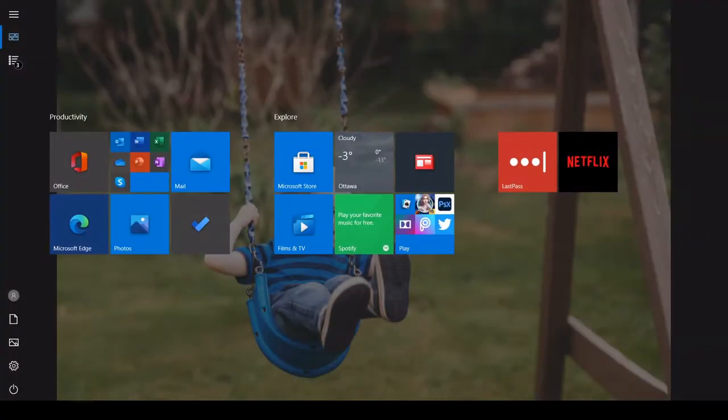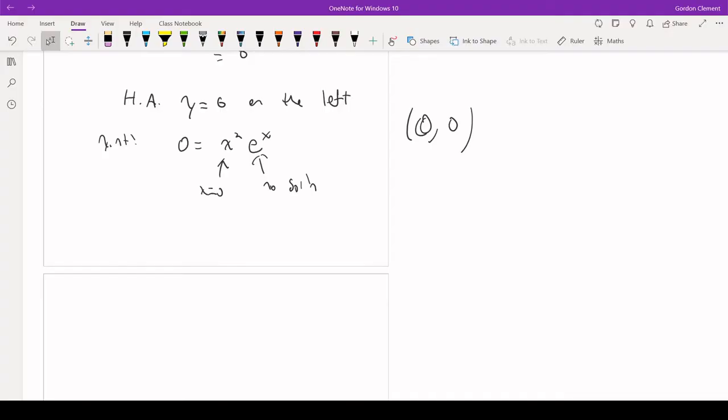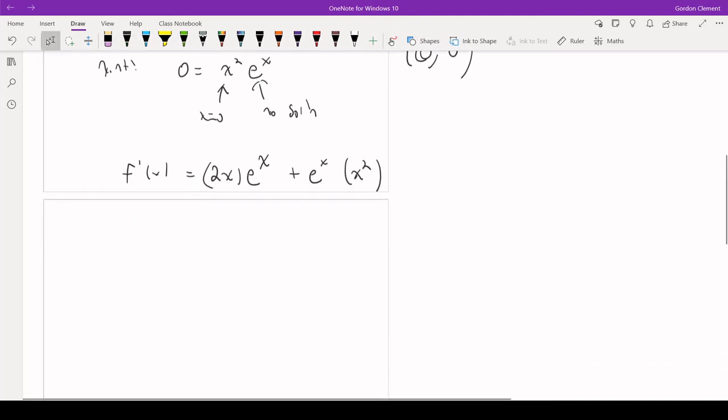Now let's go on to the derivative. We're going to need a product rule because we've got two things multiplied. So we're going to do f prime g plus g prime f, something like that. And then we're going to common factor that out.